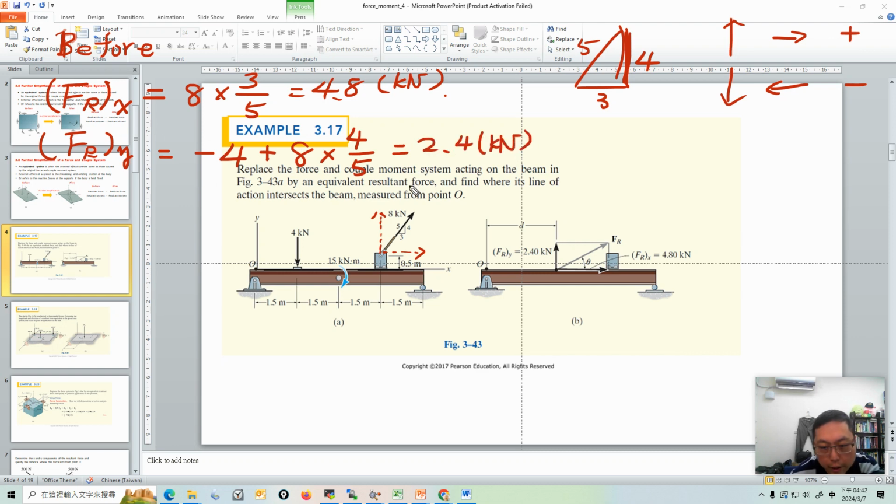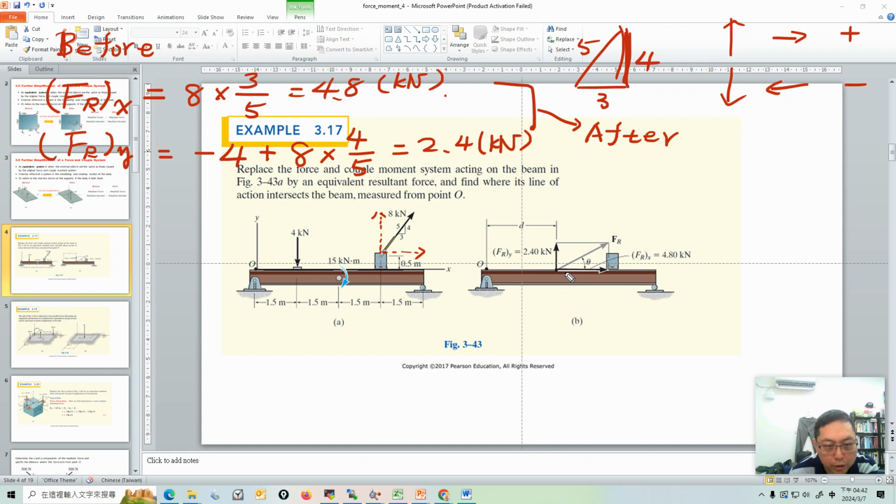Like I said, for the equivalent system, before simplification and after simplification, the resultant force must be the same. So we found the resultant force X component and Y component before simplification. That also means after simplification, the X component is also 4.8 kilonewton and the Y component is also 2.4 kilonewton.